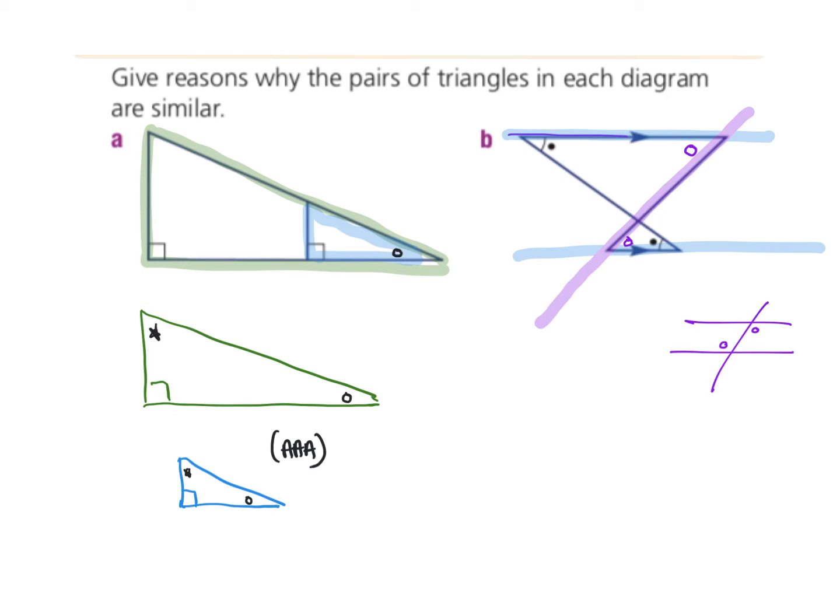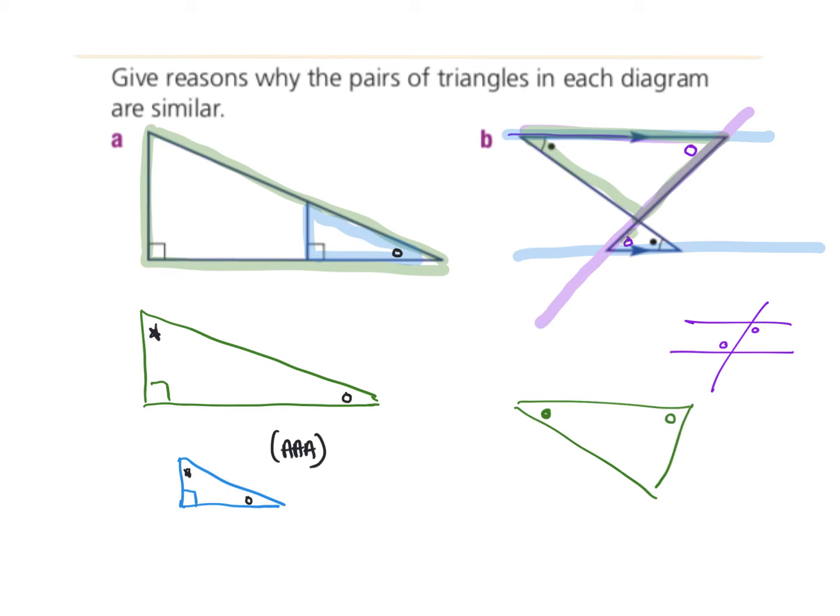If I draw my triangles out, I've got this big triangle here, which I'll redraw for you, with a dot there and a circle there. I know those angles.